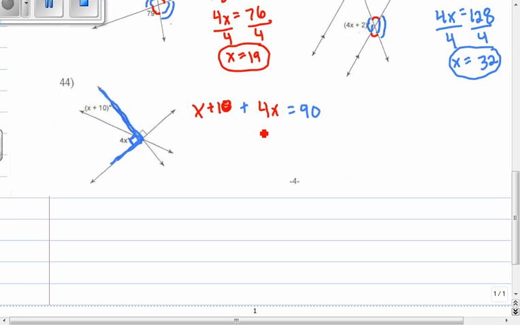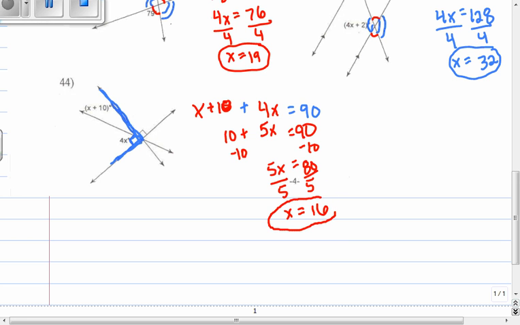So x plus 4x is 5x. So we get 5x equals 80, which gives me x equals 16.